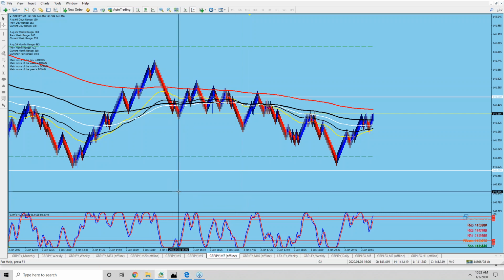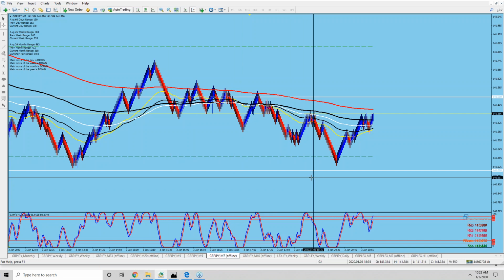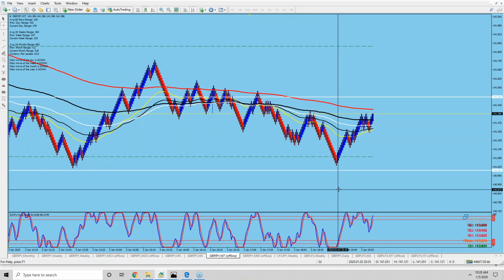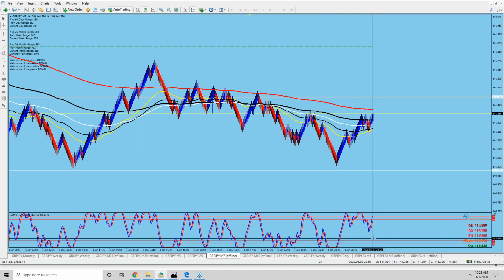And the same thing here. So we need the same thing here, right? For the long entry, what do we need? We need the first condition, just like this. The indicator should be all the way down, turning to the upside, but we need this yellow above the black, right? So we will wait for that when the market opens up.